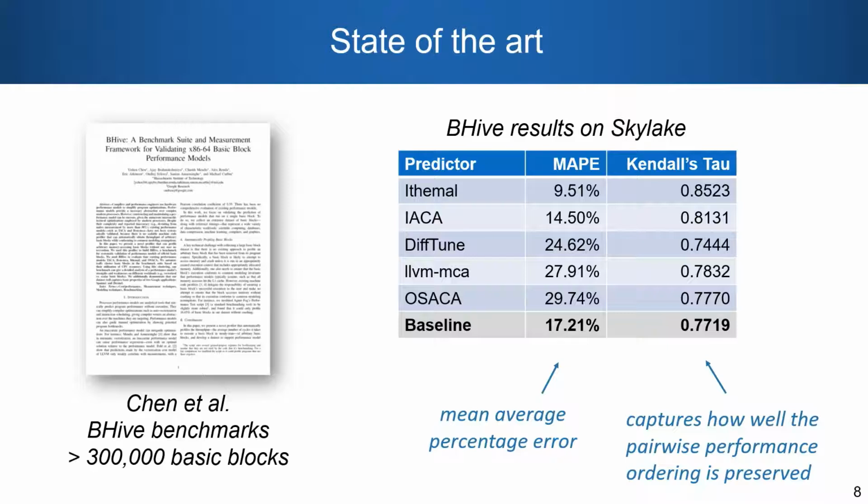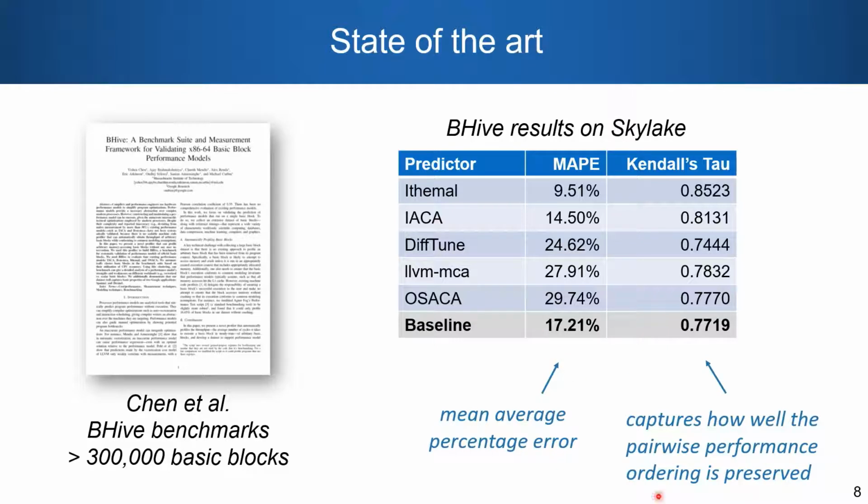Now, if we evaluate our simple baseline predictor with the same methodology that we have seen on the slide before, then we see that our baseline predictor achieves an average error of around 17% and a Kendall's tau coefficient of around 0.77. And so maybe surprisingly, this is actually competitive with some of the existing tools, and in some cases even quite a bit better.